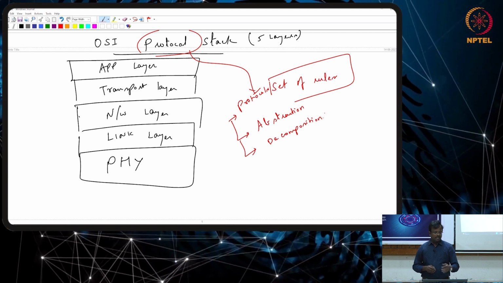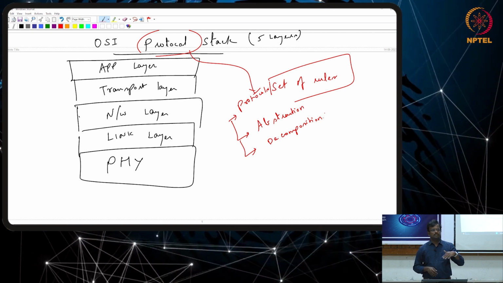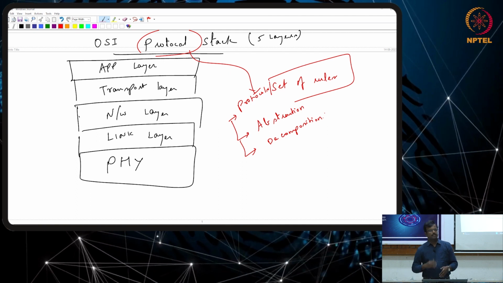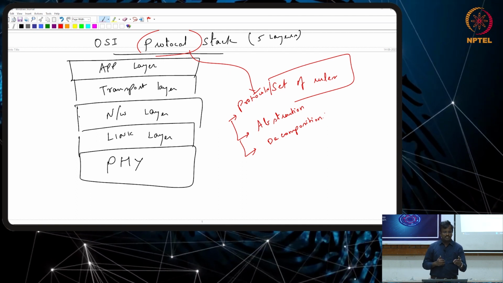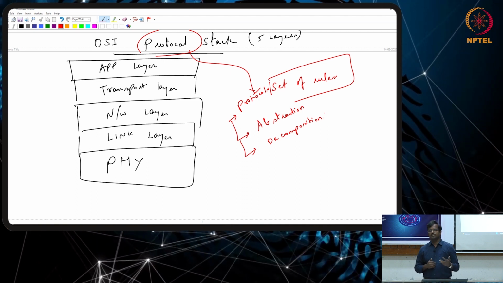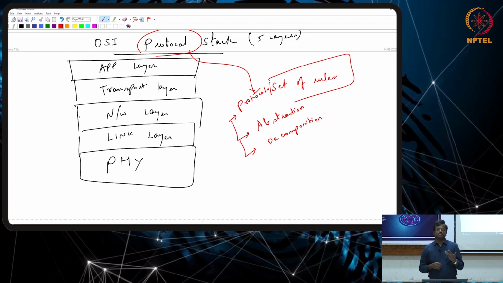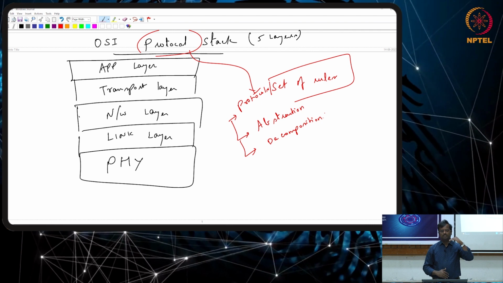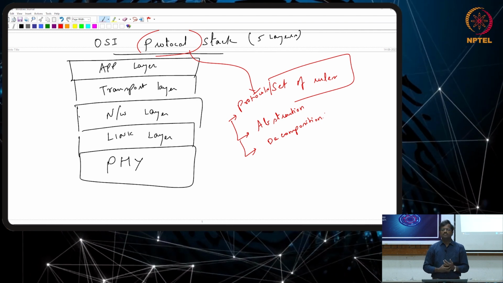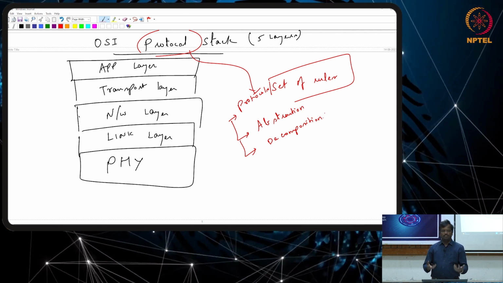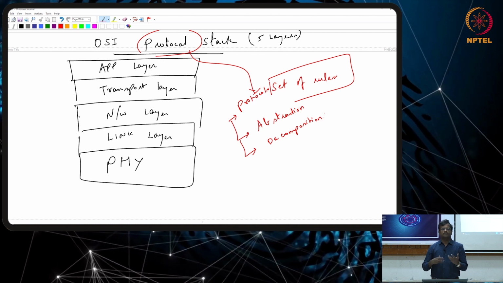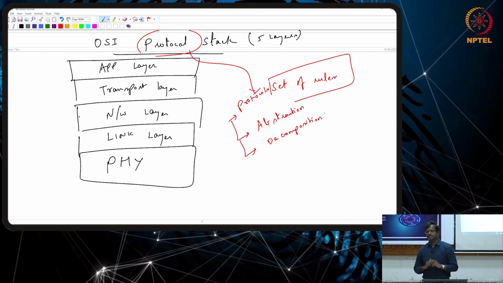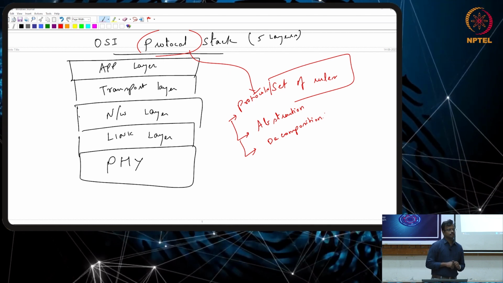What you have done is decompose it vertically into multiple stacks, where each layer does some functionality, and each layer is an abstraction of its own. You have decomposed the whole problem into a set of five mainstream problems, and you have given solutions in terms of protocols and methods, right? That's how you can understand a protocol stack.